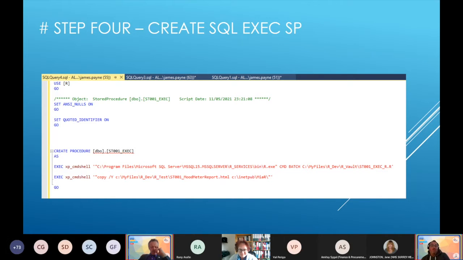But outside, you're using pure R as if you're using it in RStudio. Then I'm outputting to the directory, which is in the R file, and then I'm just copying over my HTML file, which is that one there, into my web directory.